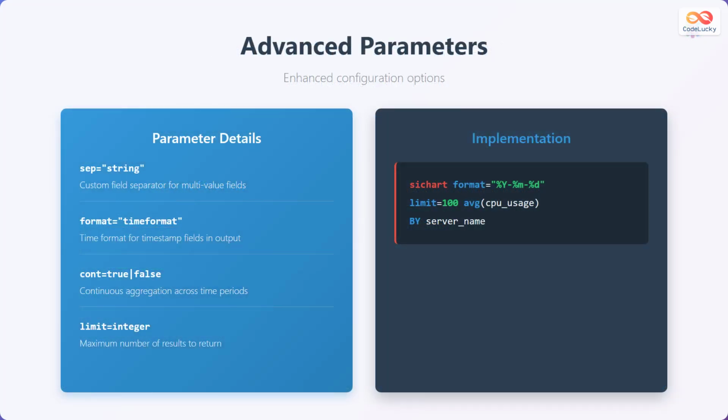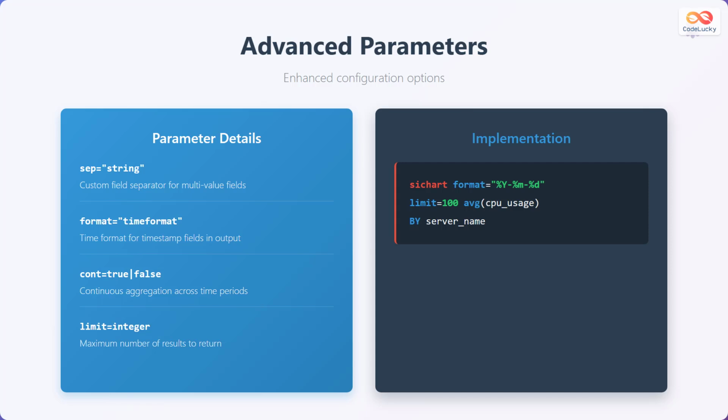The sichart command offers several advanced parameters for enhanced configuration. The sep parameter allows you to specify a custom field separator for multi-value fields. The format parameter lets you define the time format for timestamp fields in the output. The cont parameter, which accepts true or false values, enables continuous aggregation across time periods.